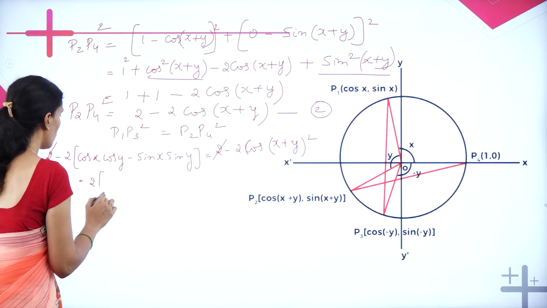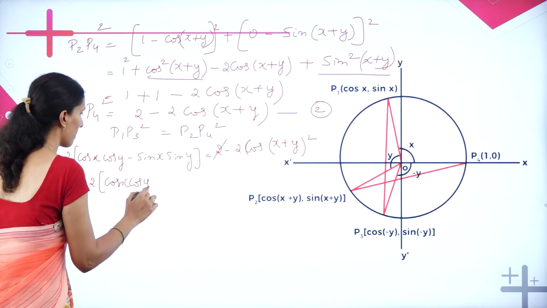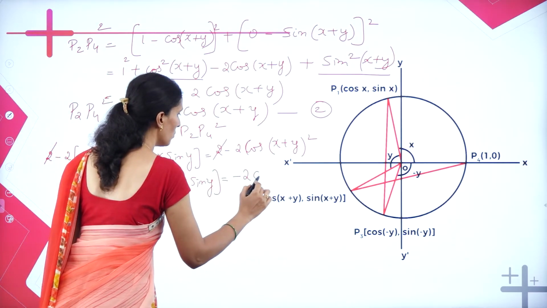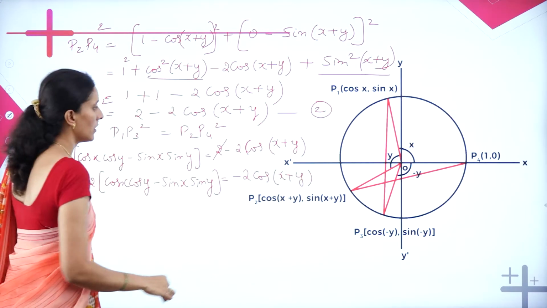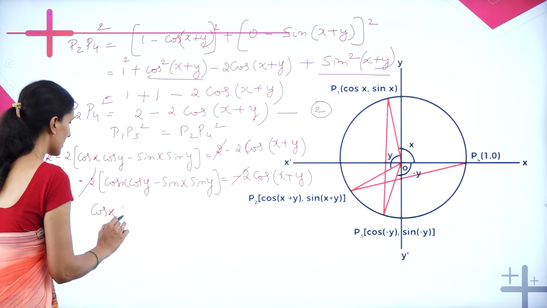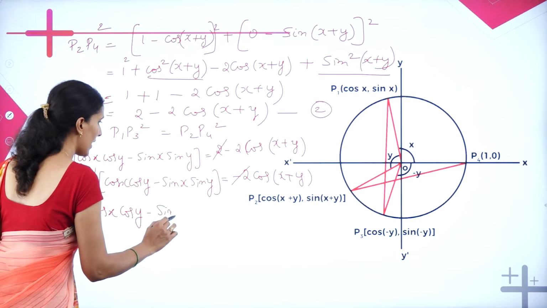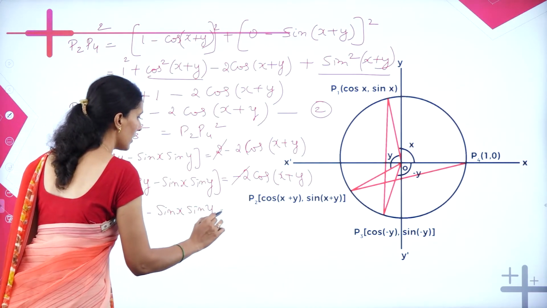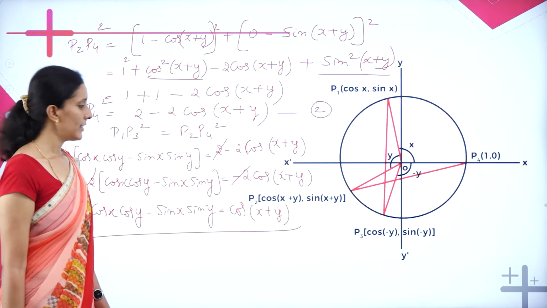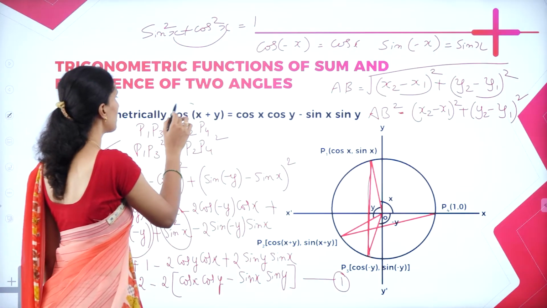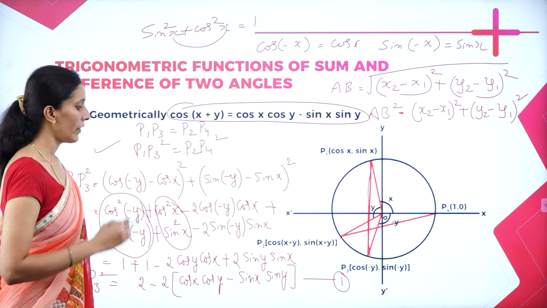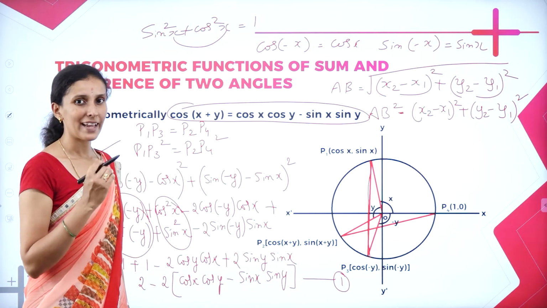Then you will get minus 2 (cos x cos y minus sin x sin y) equal to minus 2 cos of (x plus y). So again the minus 2 cancels. What is left? We have cos x cos y minus sin x sin y equal to cos of (x plus y). Hence, we have derived the identity, that is cos (x plus y) is equal to cos x cos y minus sin x sin y. A very important problem for your examination.